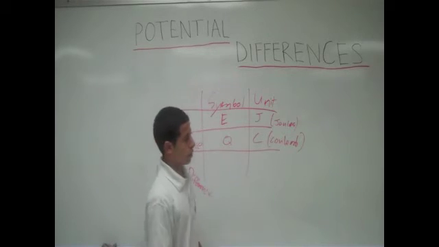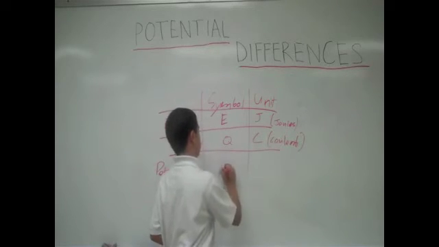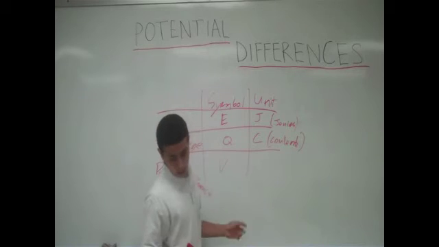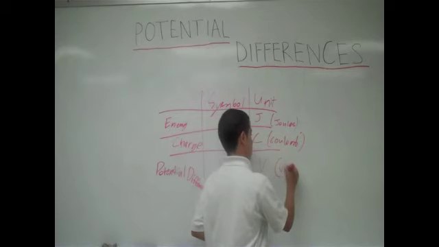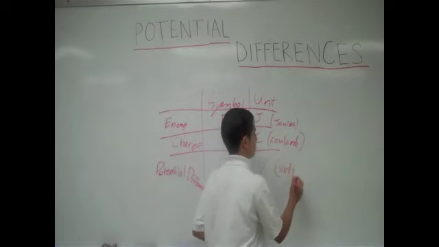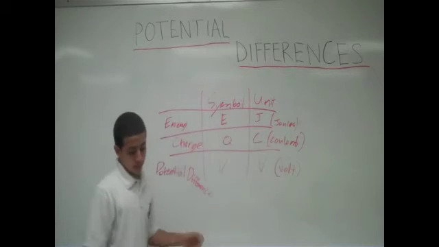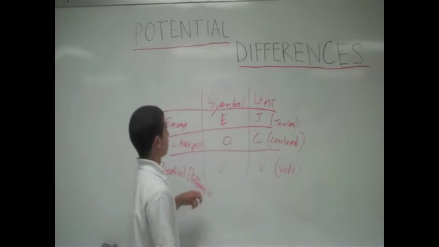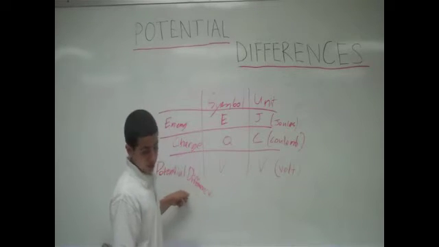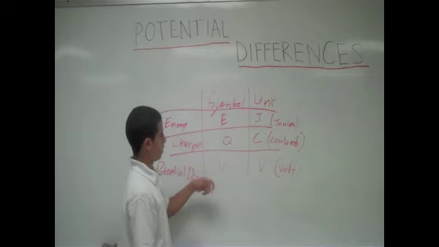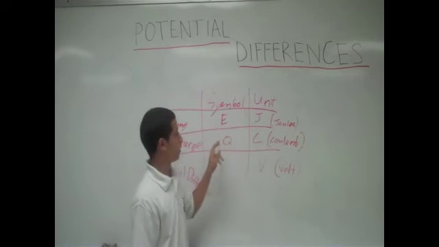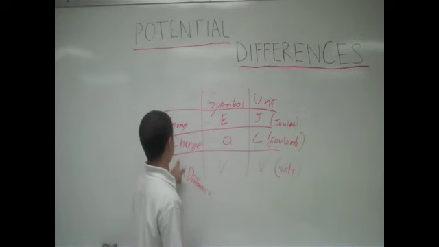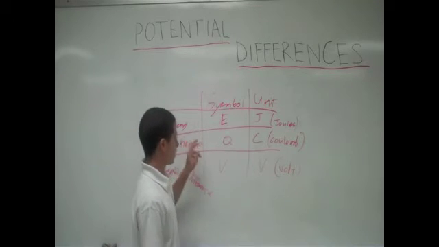And potential difference, its symbol is V, which stands for volt. So the mathematical equation for potential difference is V equals E divided by Q, which is potential difference equals energy divided by charge.